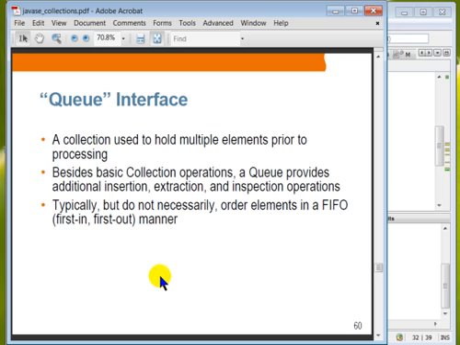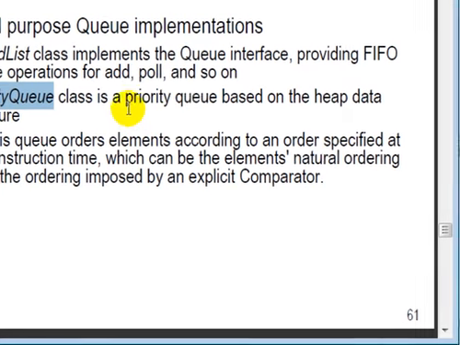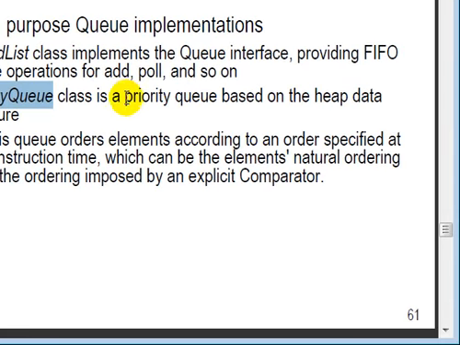Typically, but not necessarily, it orders elements in a first-in, first-out manner. LinkedList in fact implements this Queue interface, so in that case it's providing first-in, first-out insertion-based sequence. And there is another class called PriorityQueue, which is based on the heap data structure.